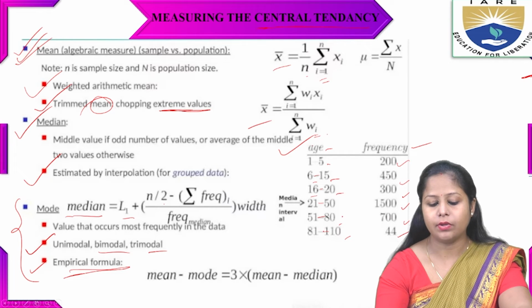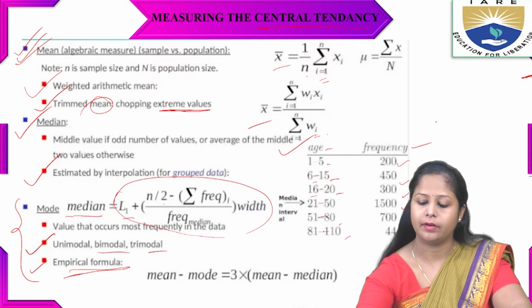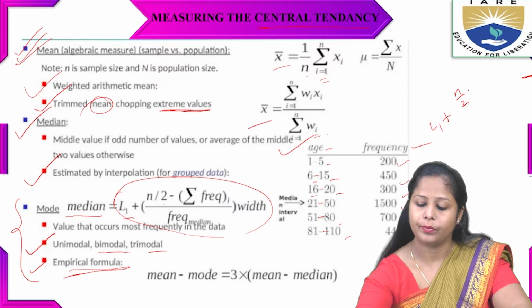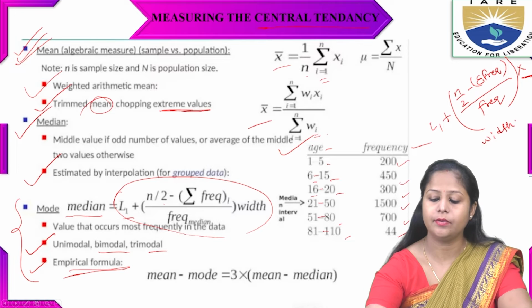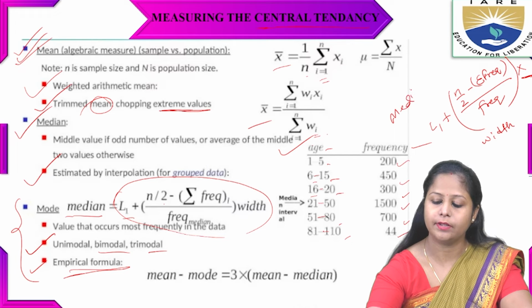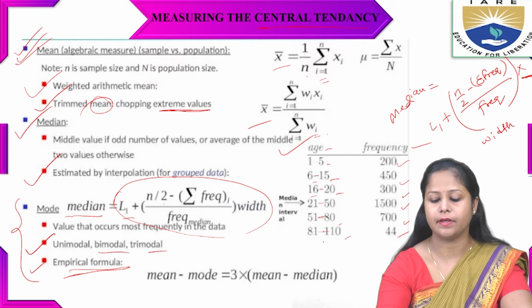So we need to calculate the median from this formula. That is nothing but L1 plus n upon 2 minus sigma frequency upon frequency, the whole into the width. So that is the formula to calculate the median of the data set.